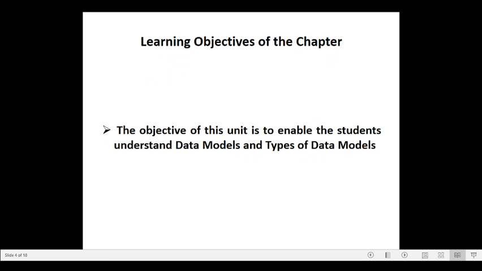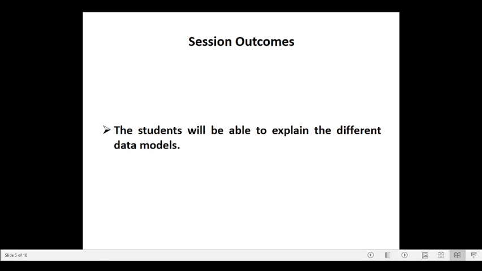In this session, we are going to understand the data models and types of data models. At the end of the session, students will be able to explain the different data models.